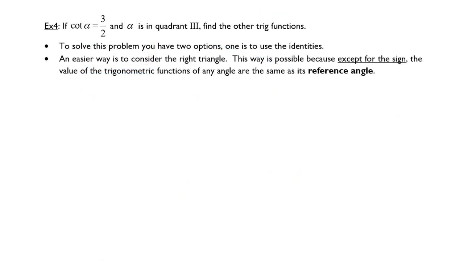In example 4, we're given if cotangent of alpha is equal to 3 over 2, and alpha is in quadrant 3, find the other trig functions. This is a little tricky, so let's go ahead and sketch a picture.